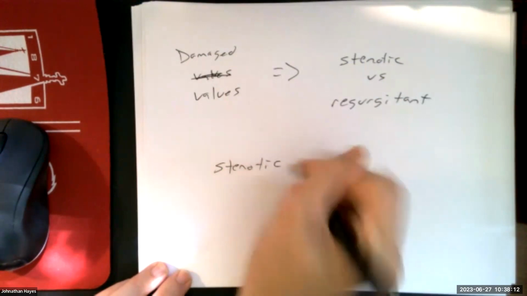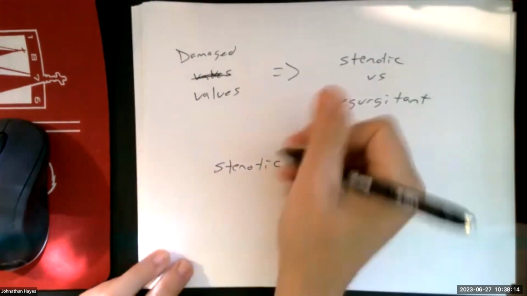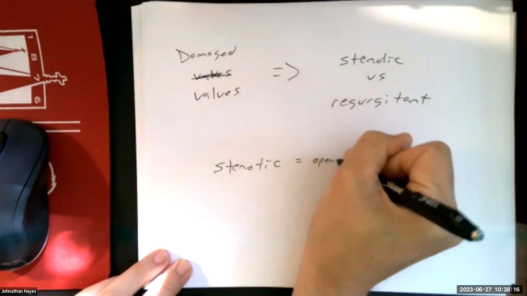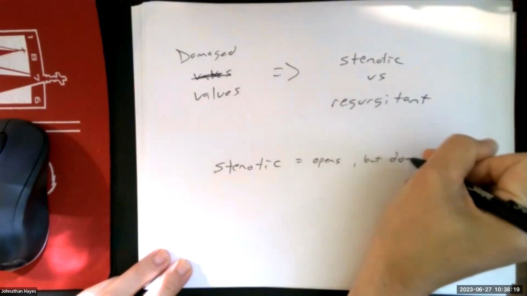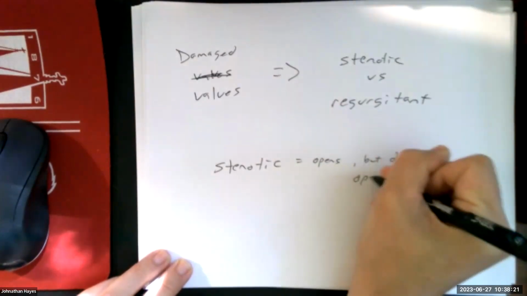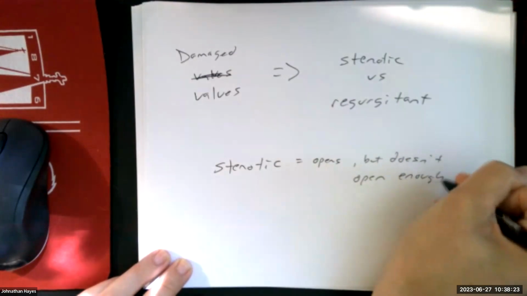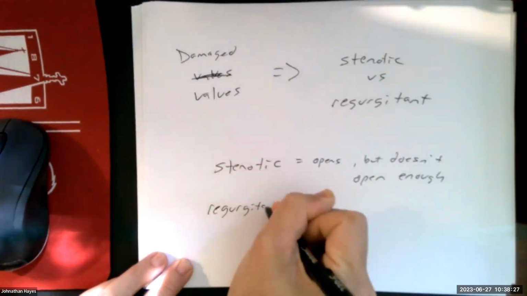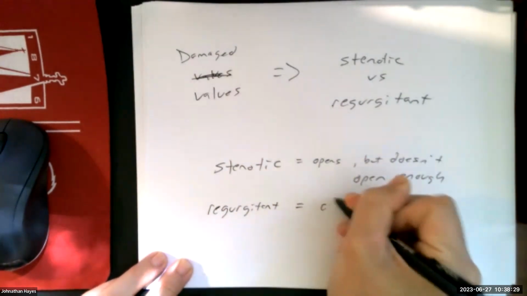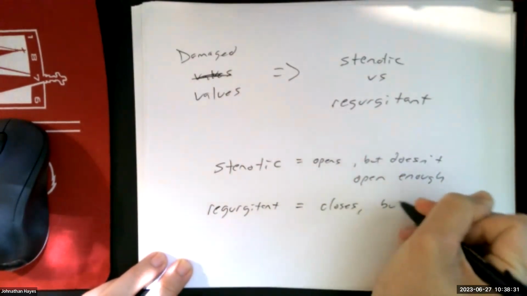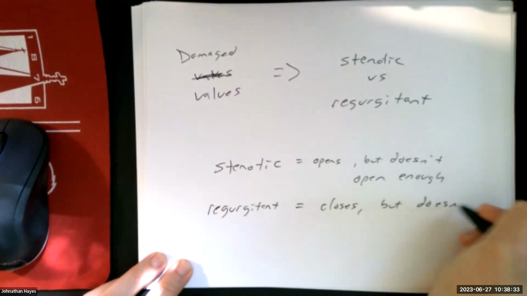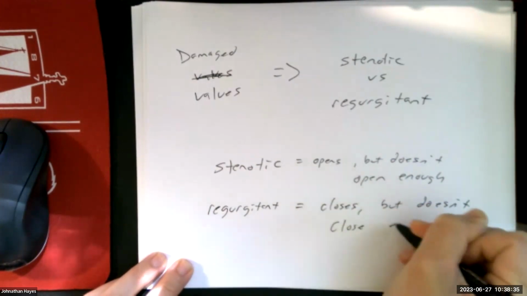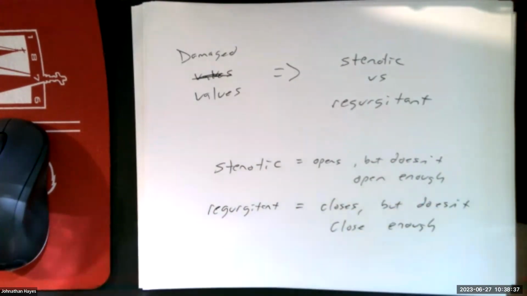It's too narrow. That's what stenosis means, narrow. So a stenotic valve opens, but doesn't open enough. Versus a regurgitant valve, it'll still close, but it doesn't close enough. So they're faulty valves.